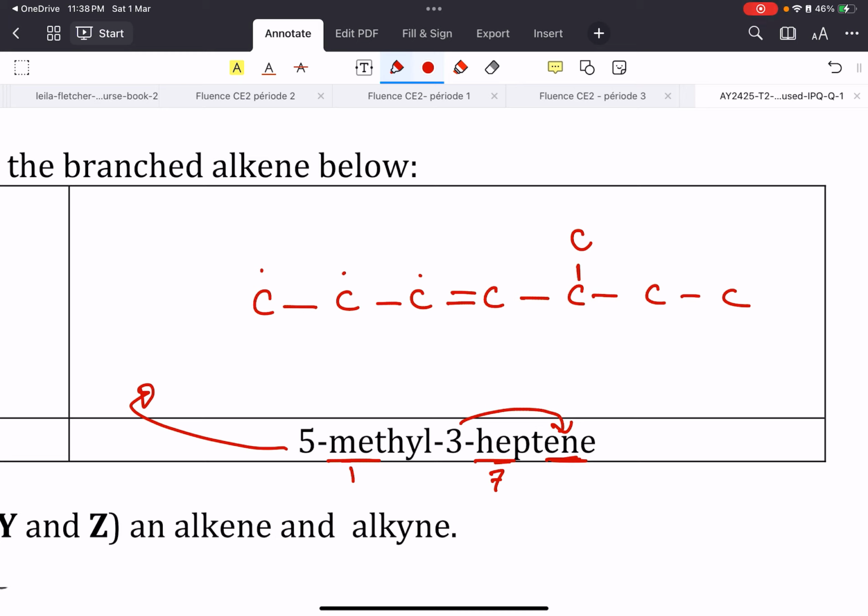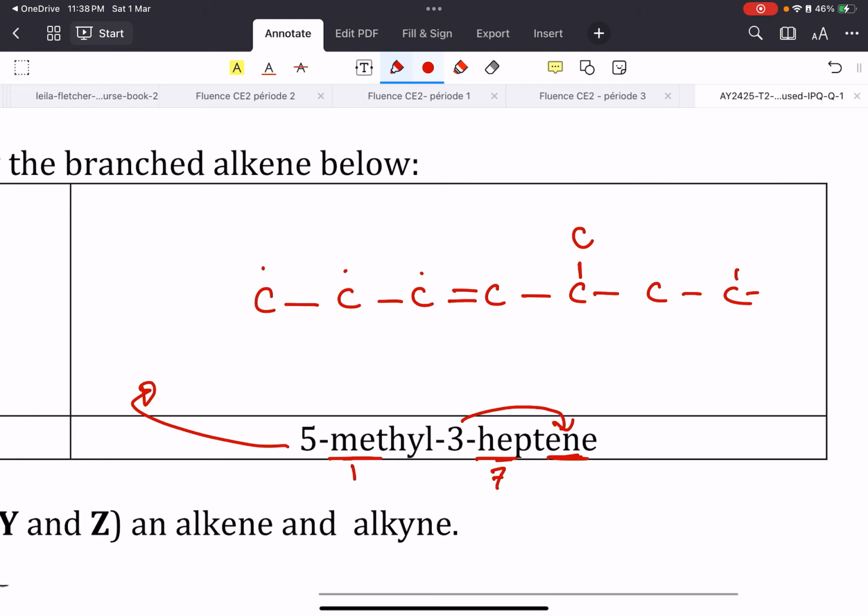Always in the exam, remember when you are drawing, after you finish the skeleton, you have to fill it with the correct number of hydrogens. Every carbon will form 4 bonds. For example, this carbon is making 2 bonds from right and left, and there will be 2 more hydrogens remaining to complete the octet rule of carbon.